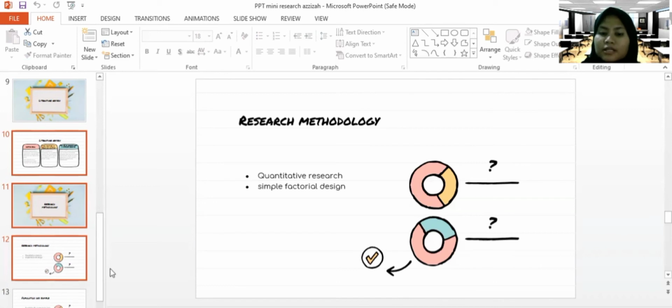Factorial design is useful in exploring the independent variable, namely mind mapping, and observing the effect on the dependent variable, writing. Using a quantitative design enables researchers to gain numerical data to be analyzed statistically.